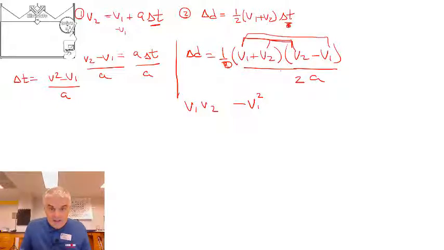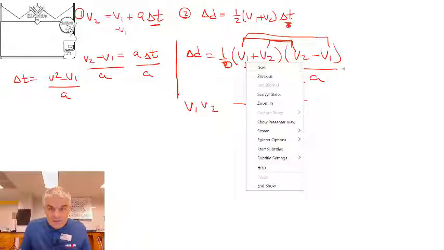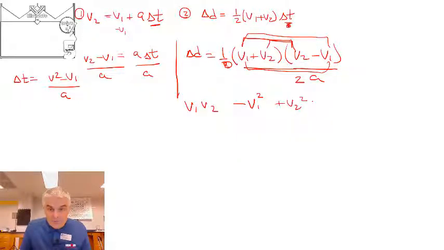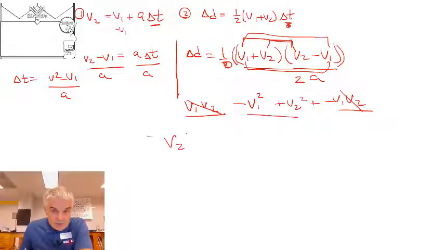And then plus V2 squared, and this is going to be plus negative V1 V2. Now, I'm just trying to simplify this piece right here. V1 V2 minus V1 V2, these cancel out. So I'm going to rearrange this. I'll say V2 squared minus V1 squared over 2A equals delta D.